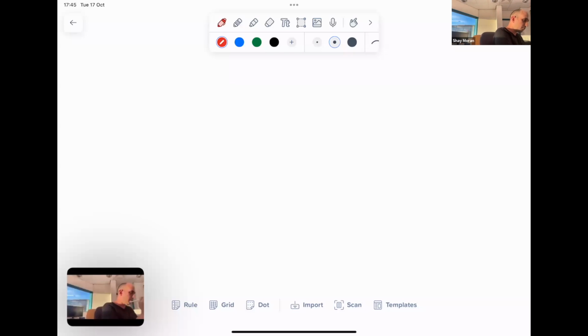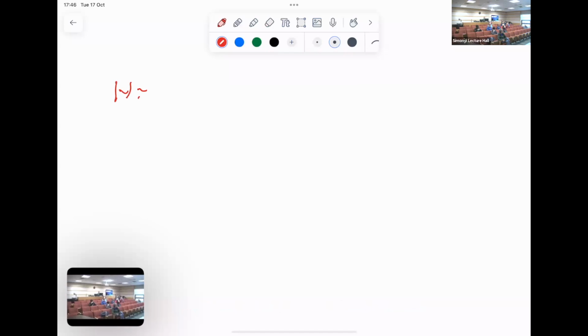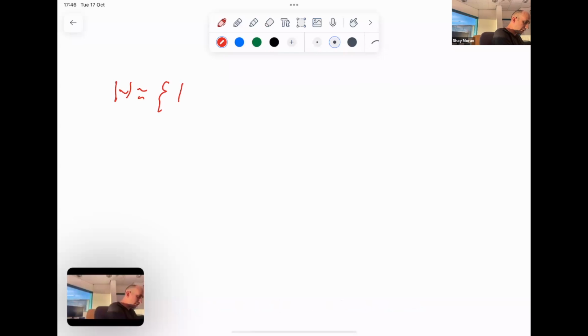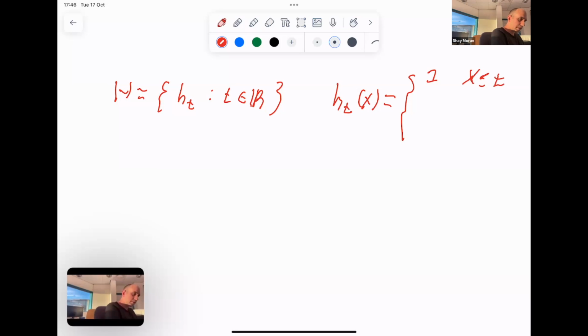So the class will be H. H is going to be H_t for t in, let's say, R, where H_t of a point x equals 1 if x is less than t, and 0 otherwise.